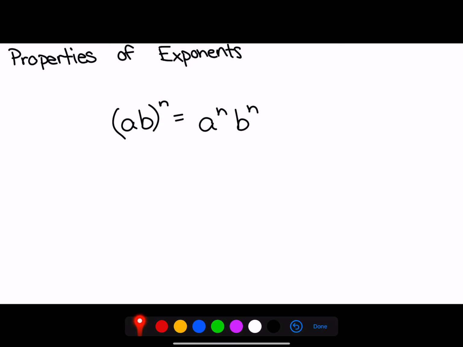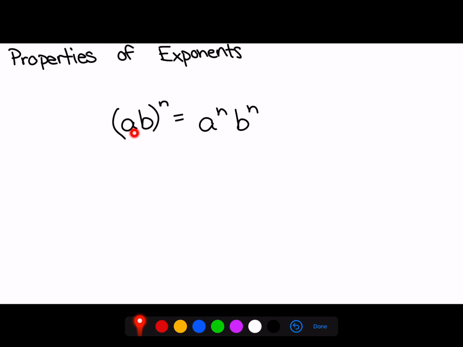All right, next up. a times b raised to the power of n. As we can see, we have two numbers here, a and b, and they're being multiplied by each other, and that's raised to the power of n. What that is saying is I can break this apart into two different numbers. So for instance, if this was 100, I can break down 100 into 25 and 4. I could say 25 and 4, I can say 50 and 2, 10 and 10, anything like that.